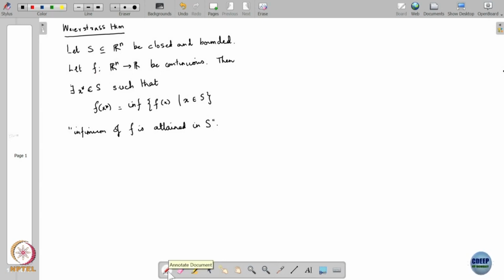Consequently, this theorem also gives us for free that there exists another point, let us call it x hat, in S such that F of x hat equals the supremum of F over S. So, both the infimum as well as the supremum are attained.